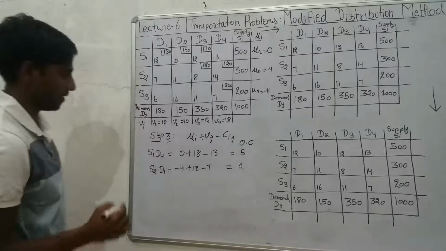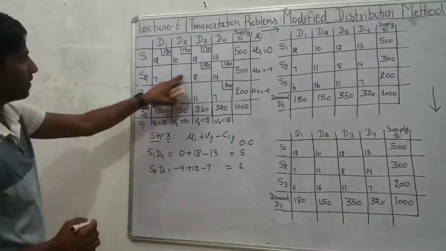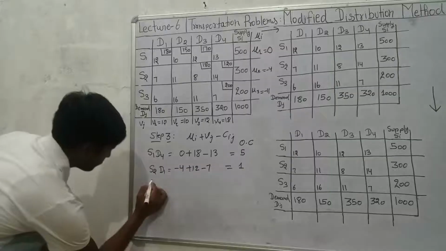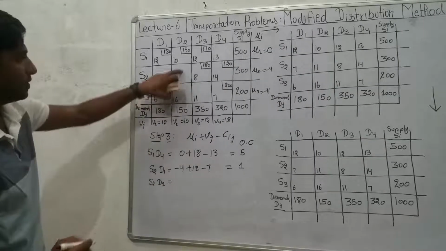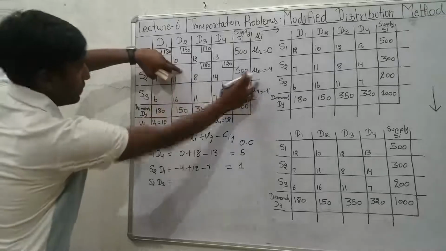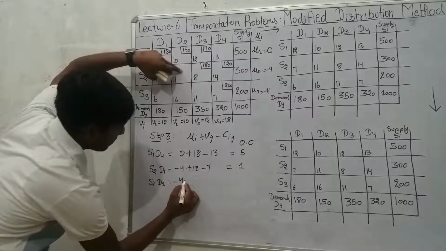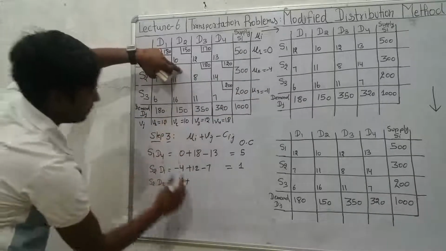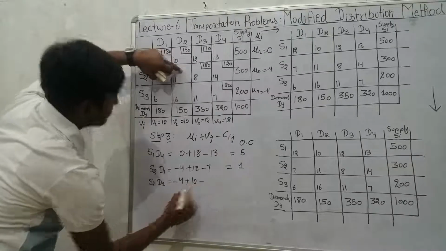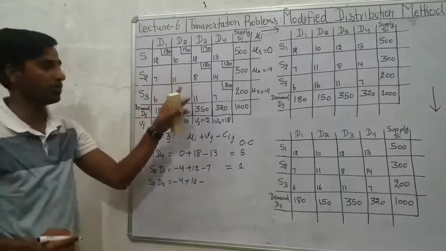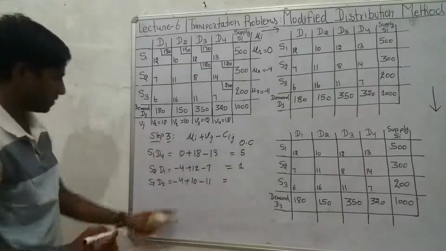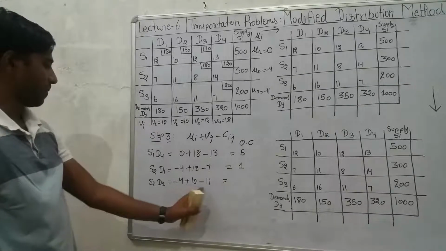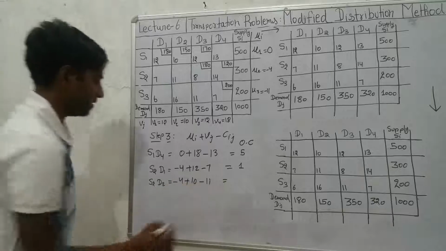For the next unoccupied cell, S2D2, what is the value of U? It is again minus 4, plus the value of V2, which is 10. And the value of Cij, or cost per unit, is 11. So the opportunity cost is minus 4 plus 10 minus 11, which means minus 5.